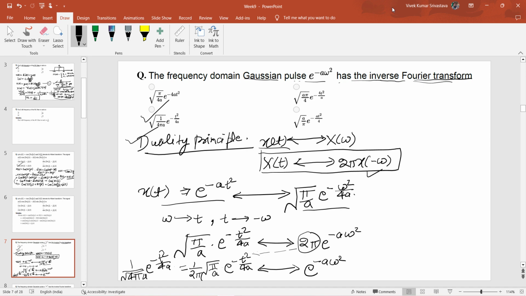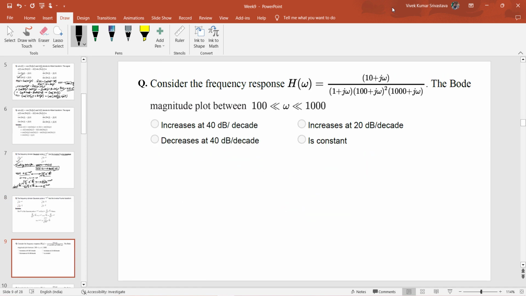So now moving ahead. The next problem states: consider the frequency response H(omega), which is defined as this transfer function. We have to plot the Bode magnitude plot between 100 and 1000, and check by which slope this magnitude plot is varying between omega 100 to 1000.